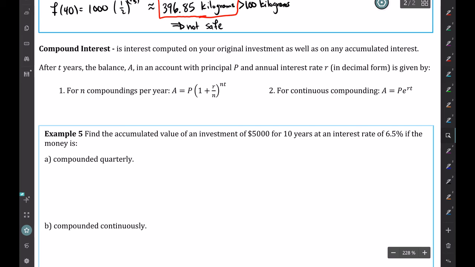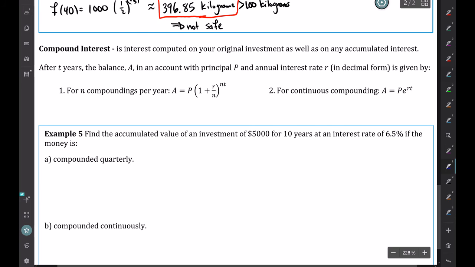Okay, so let me just say that some common values for n here are: semi-annually. So if you see semi-annually in a word problem, that means n is equal to 2. You're compounding once every 6 months. If you see quarterly, then that's n equals 4, because you're doing it once every quarter, or once every 3 months.